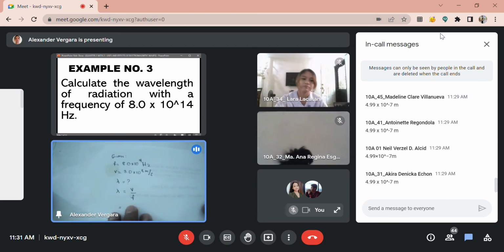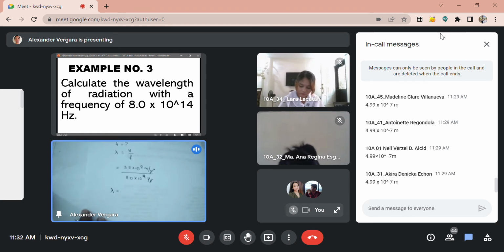What is our V? We have 3.0 times 10 raised to 8 meters per second all over 8.0 times 10 raised to 14. Since it's hertz, we can express this hertz as 1 over seconds so that we can cancel the seconds.